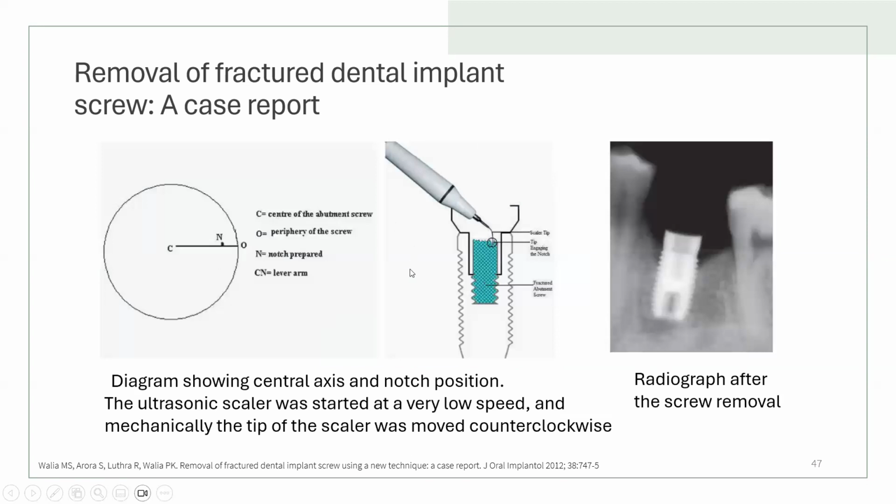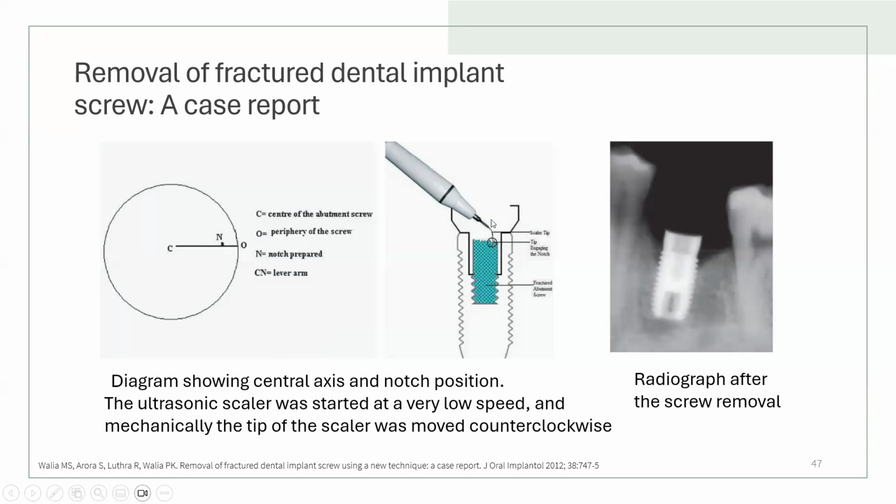We can see here in the figures the exact position of the notch. Here the N is the prepared notch, and you can see how far it is from the center and how far it is from the periphery of the screw in order to protect the internal surface of the implant.